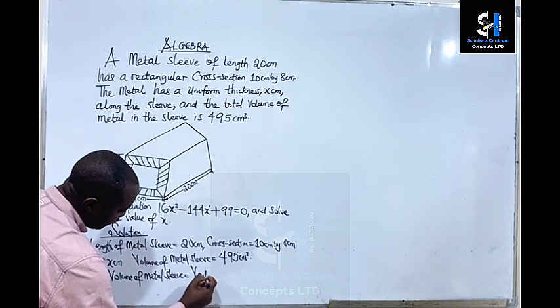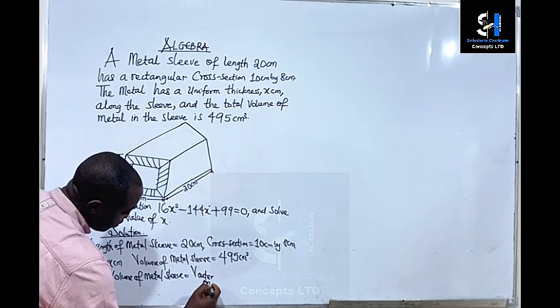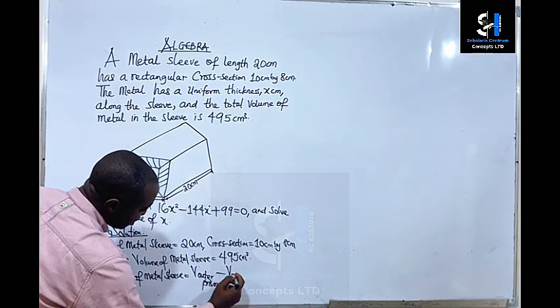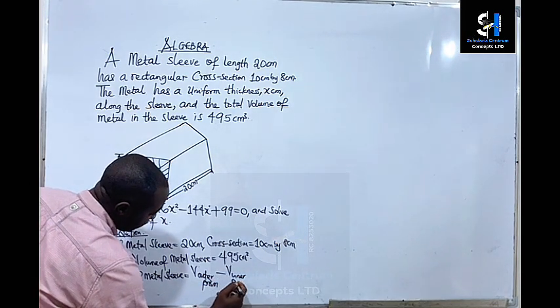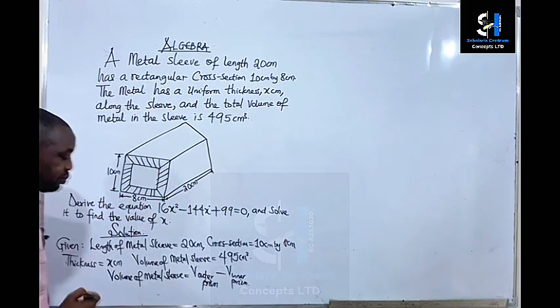So the volume of the metal sleeve is the volume of the outer prism minus the volume of the inner prism.